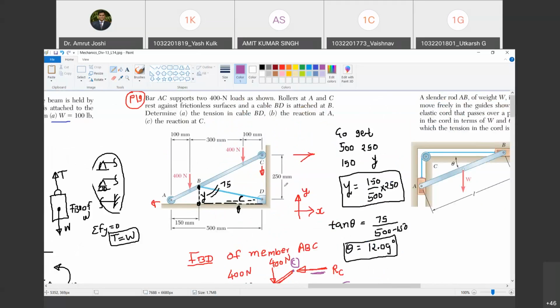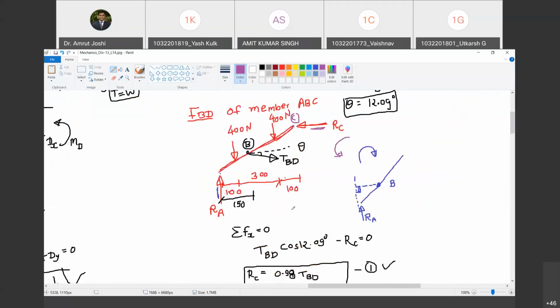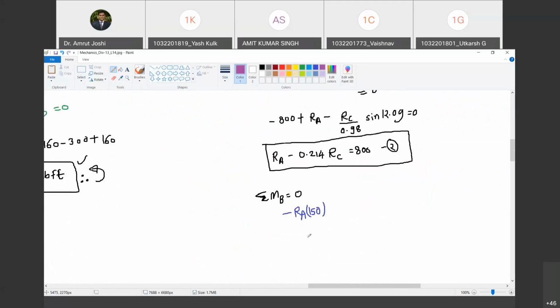This total distance is 250 minus 75. So 250 minus 75 is how much? 175. So I'm going to write plus RC into 175. Happy? So far, so good.